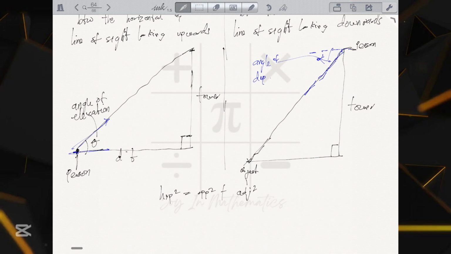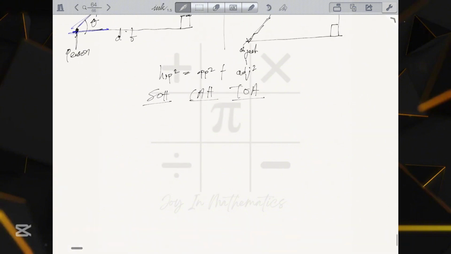And we can also apply SOHCAHTOA, where sine is opposite divided by hypotenuse, cos is adjacent divided by hypotenuse, and tan is opposite divided by adjacent. So for establishing understanding, let's take two examples here. Let's begin with example number 1.